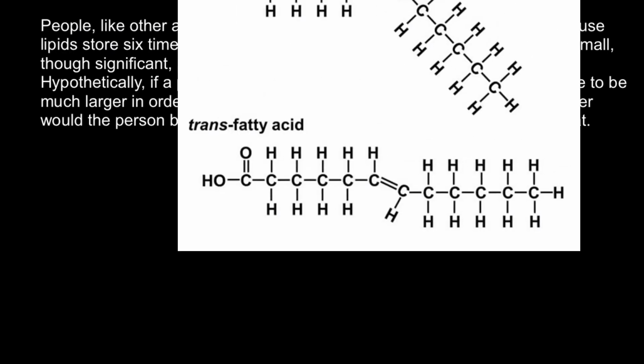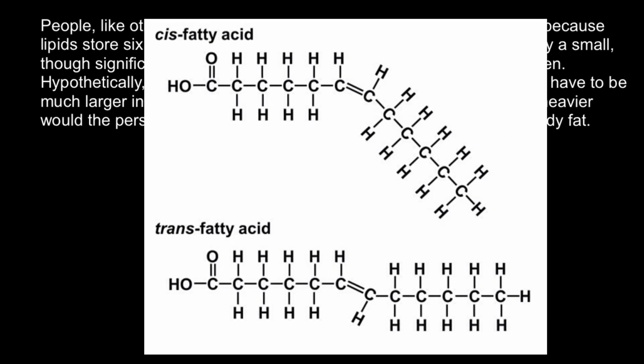And now if you take a look at this picture, you would find 2 types of fatty acids. It can be in its cis form, when 2 adjacent carbons make a double bond and hydrogens are on the same side.